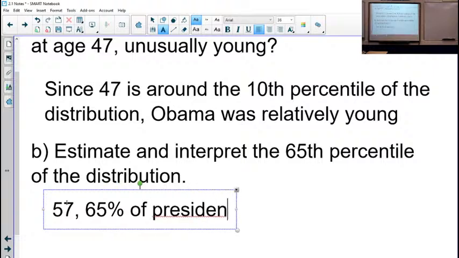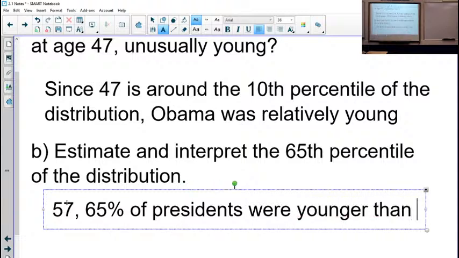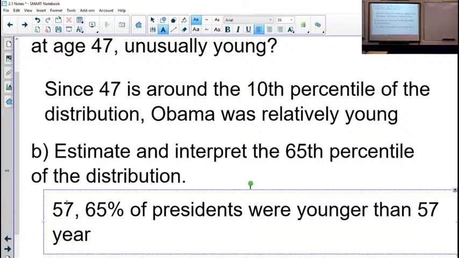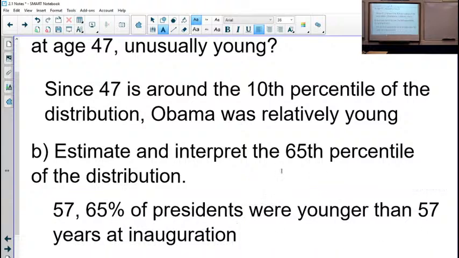Presidents were, percentile measures everything below that value, were under, or were younger than 57 years at inauguration. So that's our meaning of percentile.